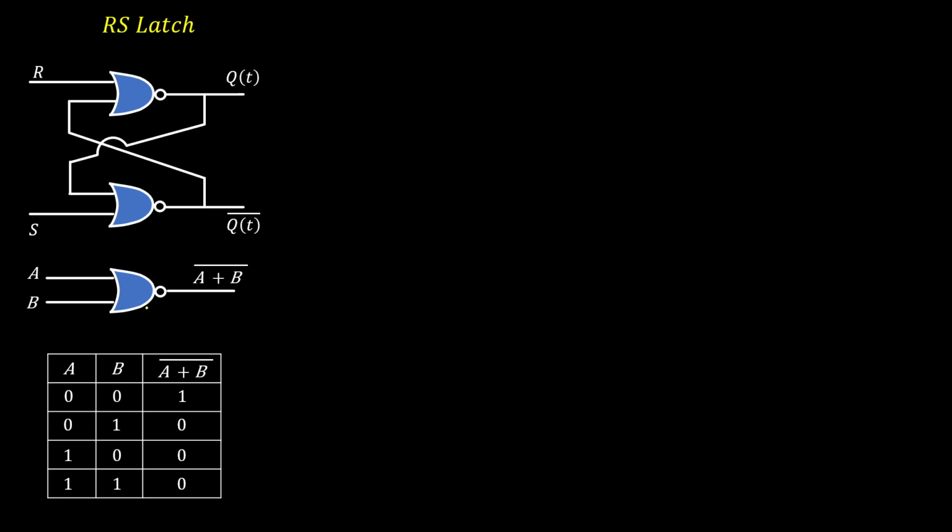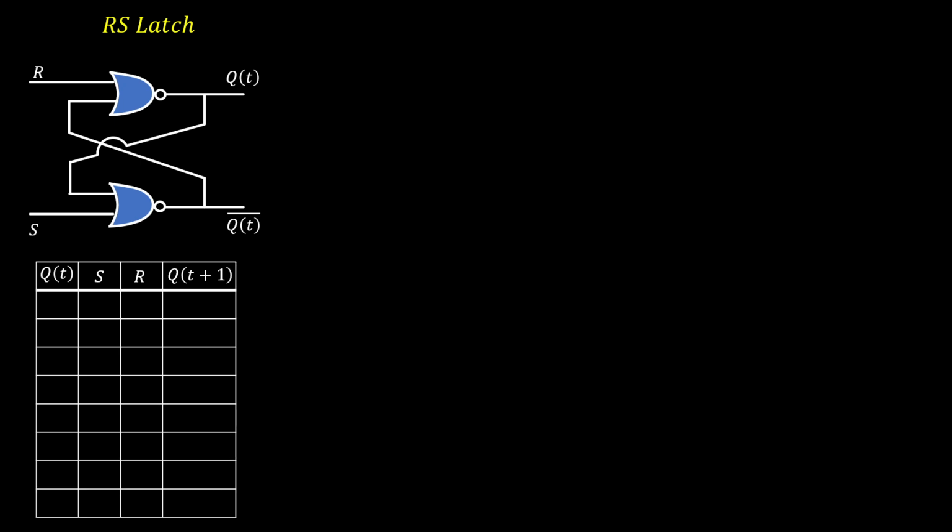We will use this table to make the state table of the RS latch. Now in the state table we have QT, which is the present state, S is set, R is reset. So we have three inputs and QT plus 1 is the next state. We can also represent present state and next state by Qn and Qn plus 1.